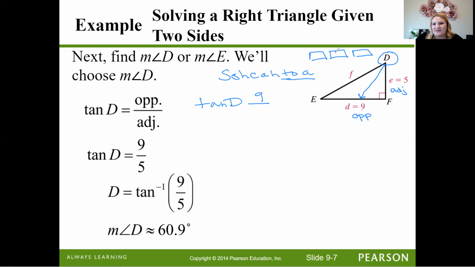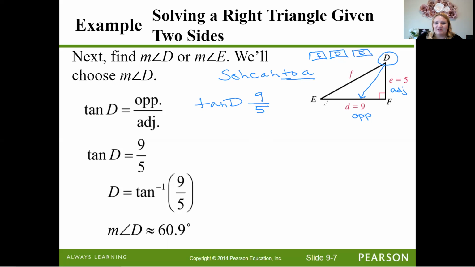D is sitting next to 5 and F. Well, F is the longest length, so that's going to be the hypotenuse. So its other little table partner over here is the adjacent one. That's a helpful way to remember that. So it's sitting right next to 5. So that's the adjacent. So we have tangent D equals 9/5.